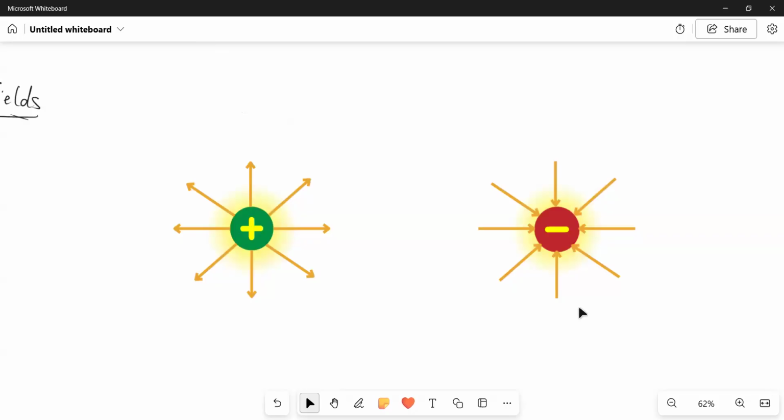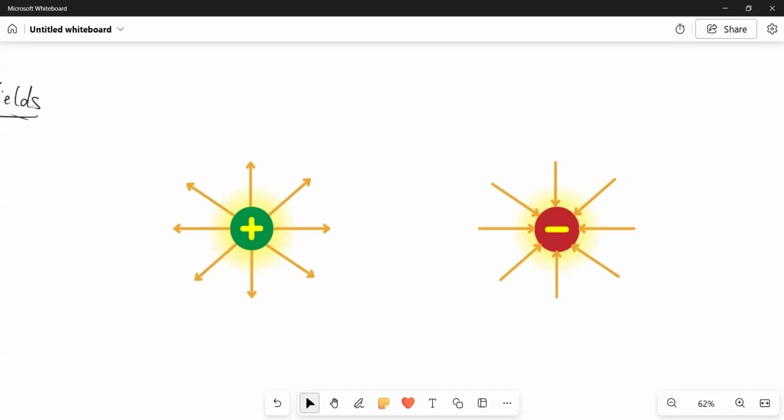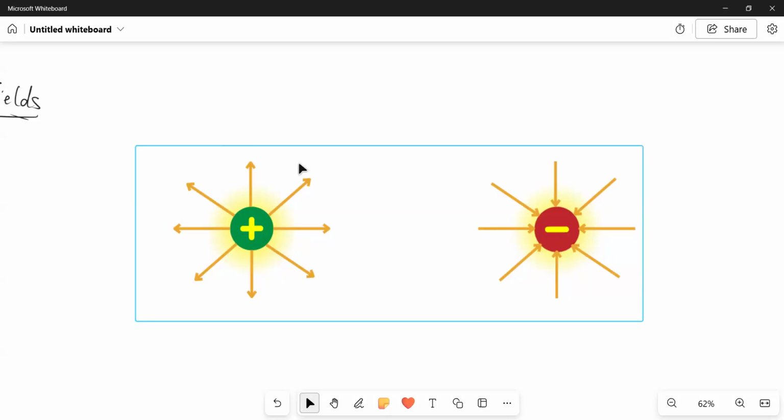So let's say this is a positive charge, right? And let's say this is a negative charge. Let me explain what they are saying is an electric field. An electric field basically is like an invisible area around a charge, right?